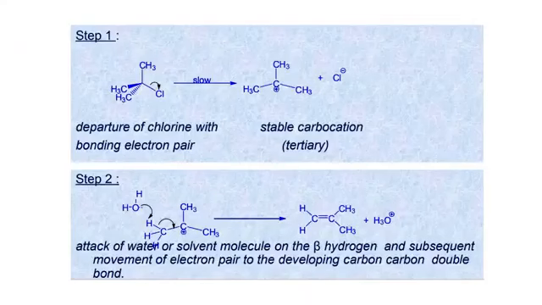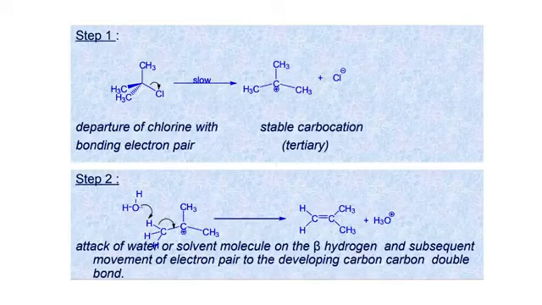A very good example of an organic elimination reaction where E1 mechanism is being followed is the dehydrohalogenation of tertiary alkyl halides. If you look at the figure, you will see that in the dehydrohalogenation of tertiary butyl chloride, in the presence of ethanol, the first step is the slow rate limiting step of the departure of the chlorine atom with the bonding electron pair as the chloride ion.